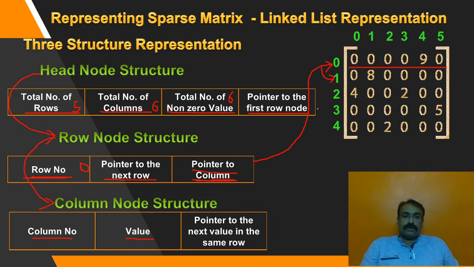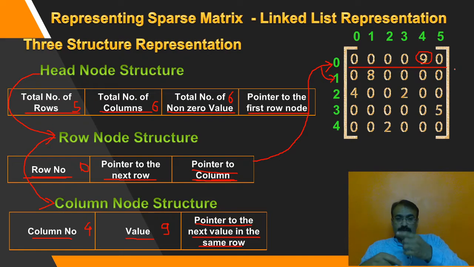What is this column node going to have? The column node is going to store the information about this individual element. That means column number 4, value is 9, and it will now point to the next value in the same row. It will just find out whether you have some more non-zero elements in the same row or not.